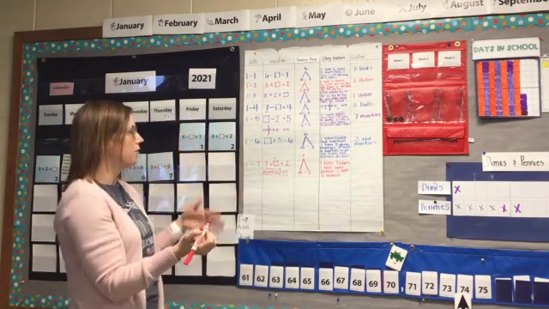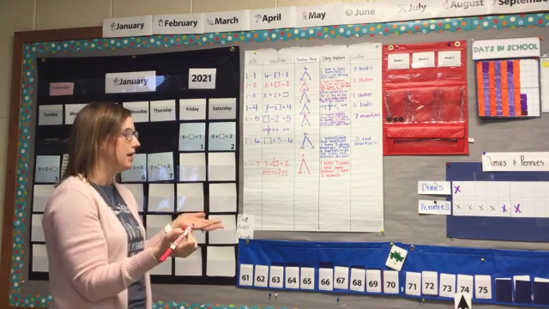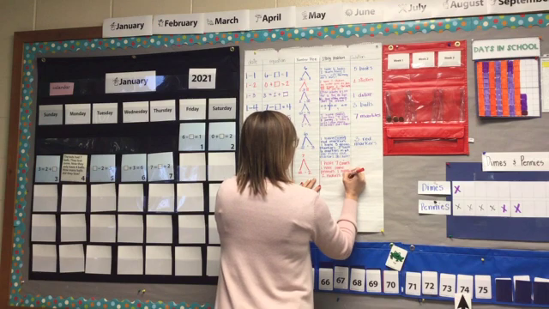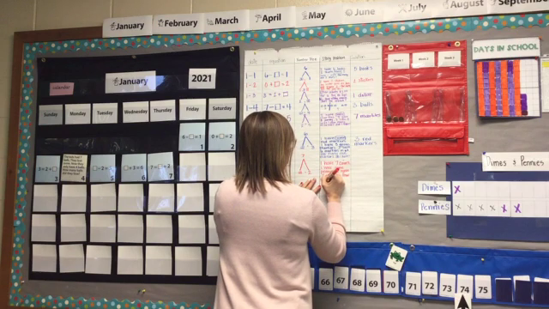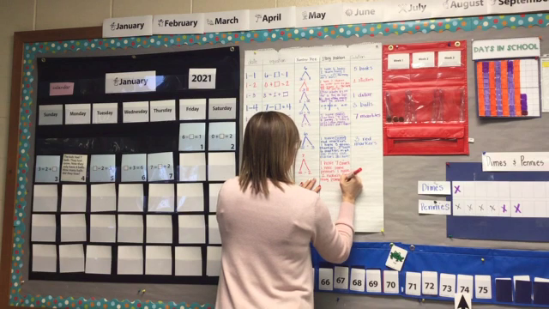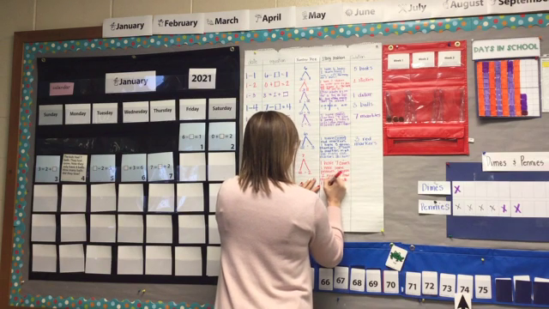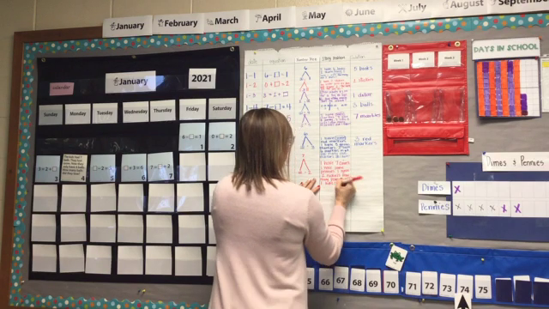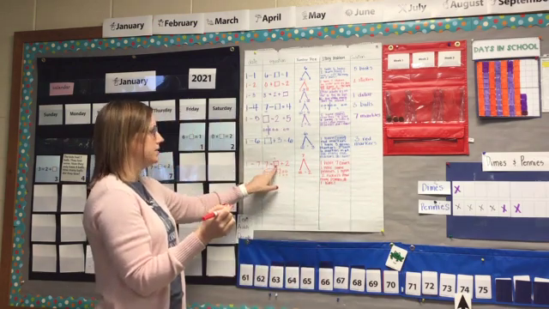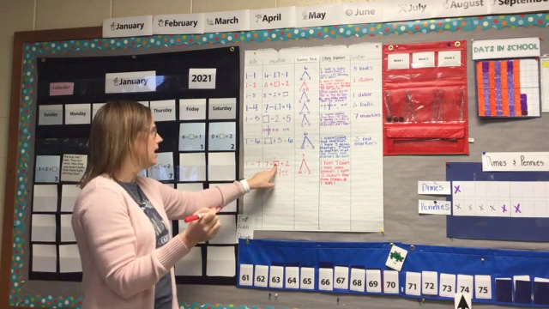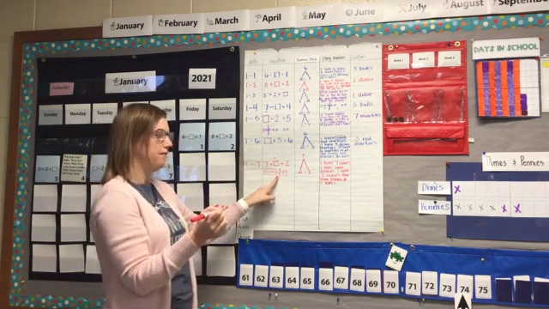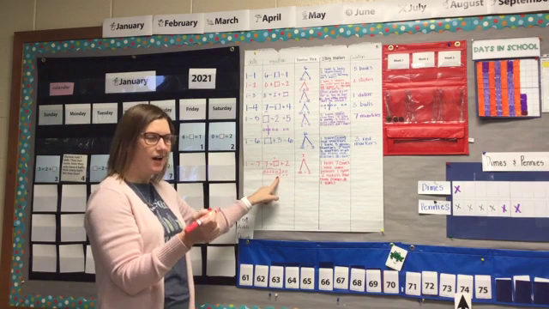Okay, so my question is, how many pennies do I have? Okay, I have 7 coins, I have some pennies, I have 2 nickels. Okay, so how many pennies do I have? You have 5 pennies.